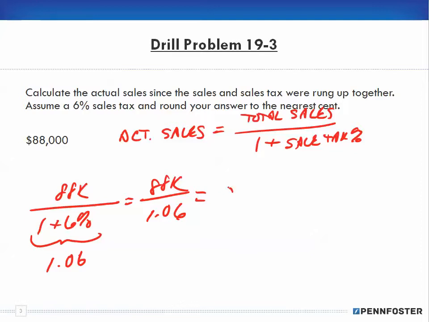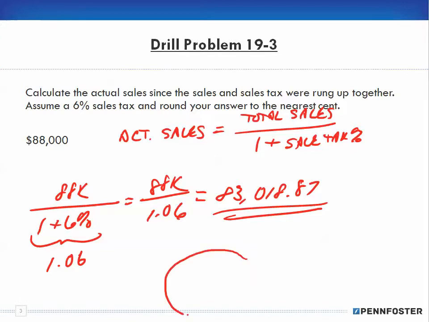And I get $83,018.87. And again, if you were thinking that you multiply, you're going to get a number greater than 88,000, so obviously that's wrong. You're not going to just multiply 88,000 by 6%, because here's the total, here's 100%.